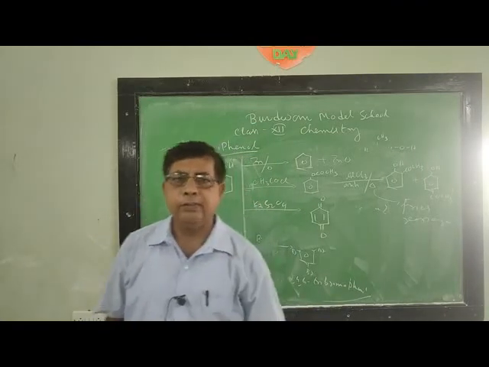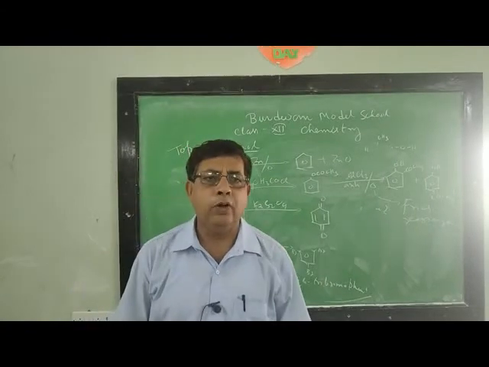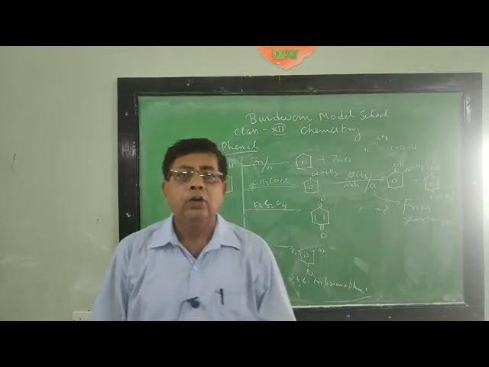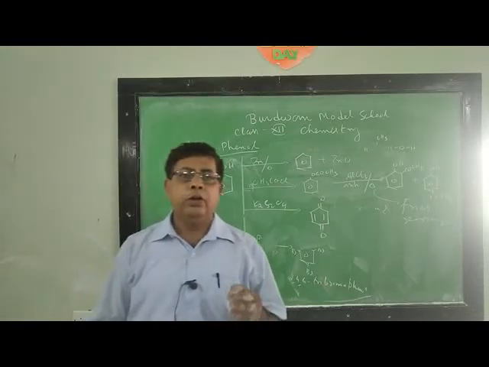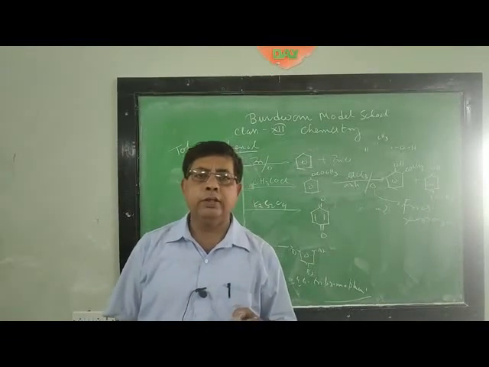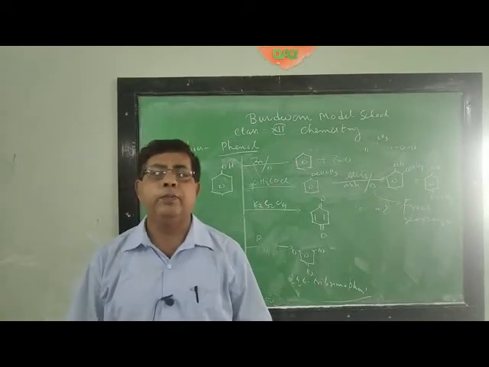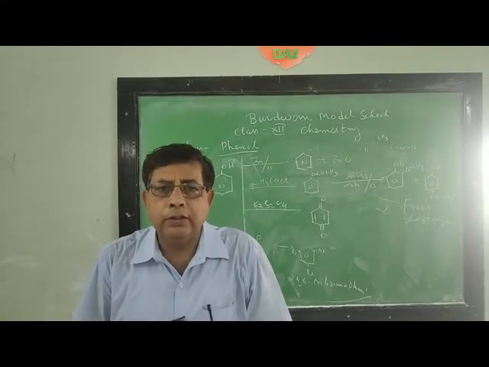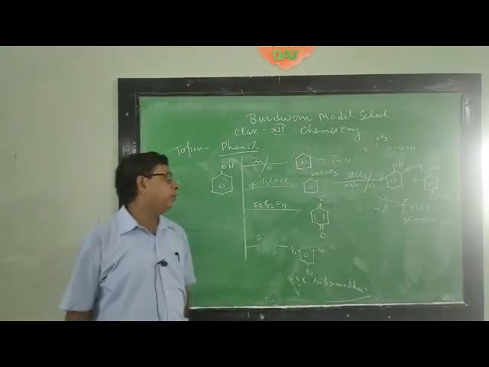So these are some important reactions of phenol. With dilute nitric acid, it forms ortho-nitro and para-nitro products, but when treated with concentrated nitric acid, it forms picric acid, that is 2,4,6-trinitrophenol. With bromine water, it gives a white precipitate of 2,4,6-tribromophenol. When heated with zinc, it forms benzene.